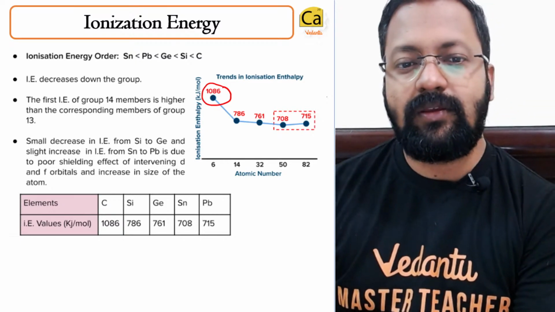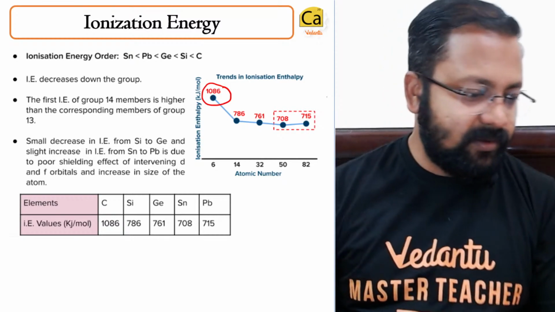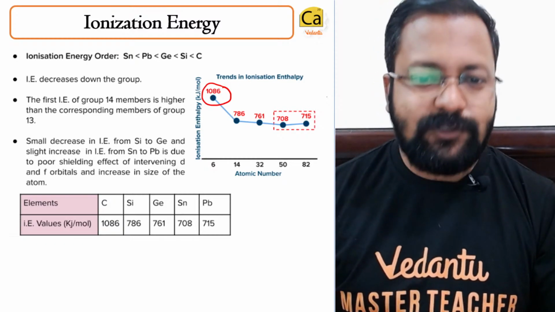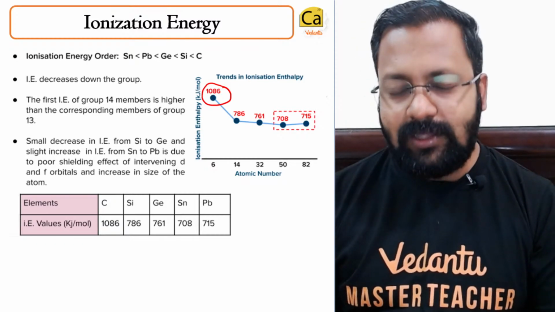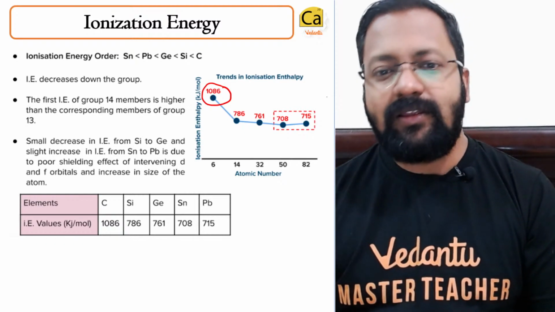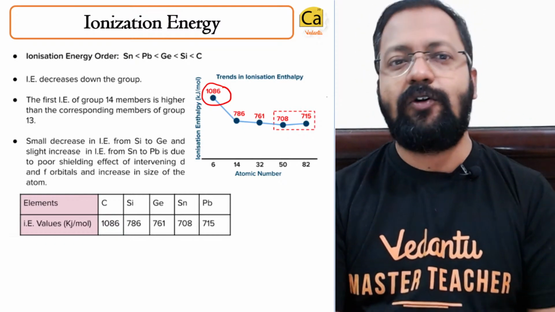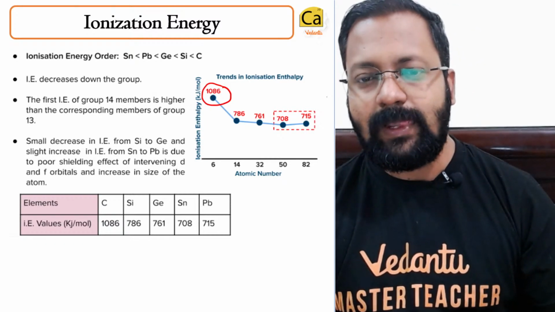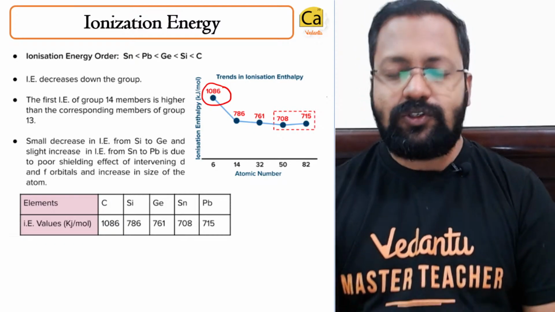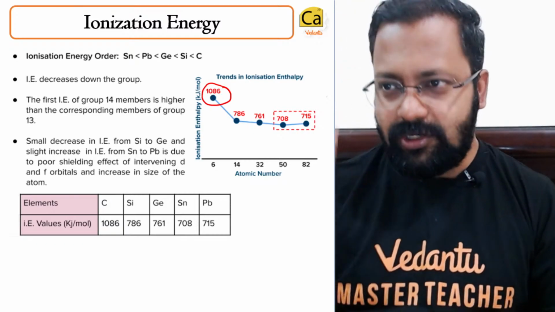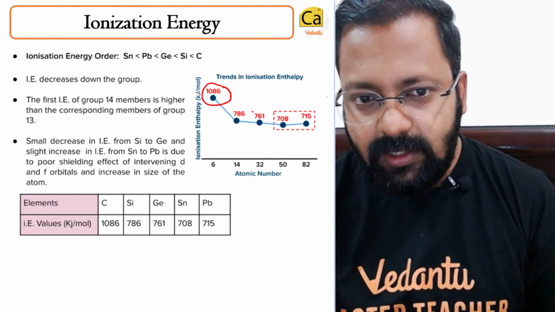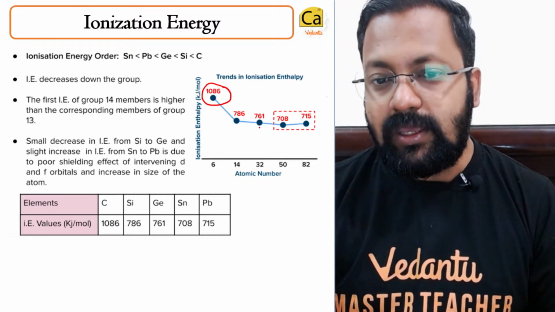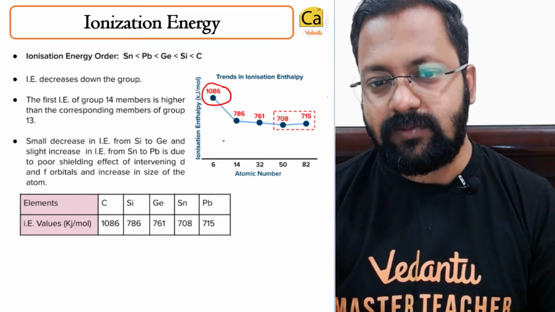Dhamu Mishra, beta, there is no exception over here. In this group, there is no exception. There are certain exceptions which are present in different groups, but not over here. So the ionization energy should decrease down the group. You can see that it is very, very high for carbon, 1086, but it decreases.